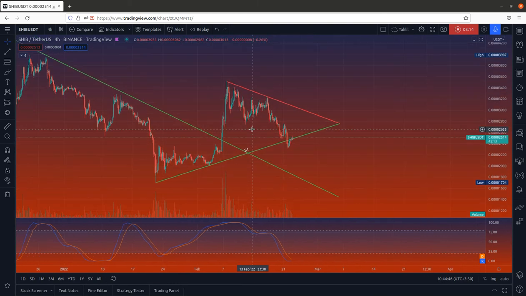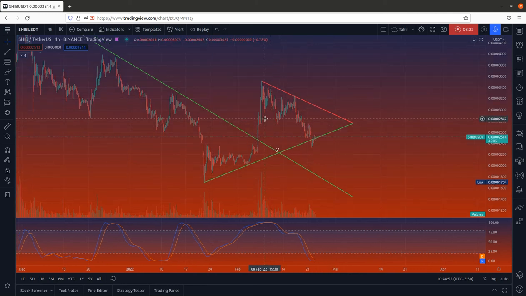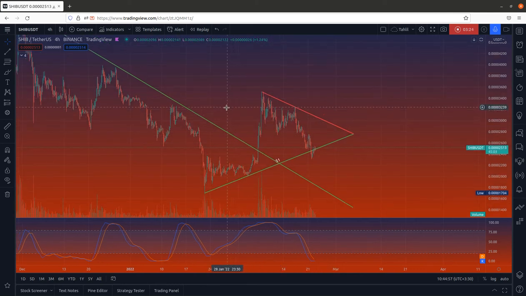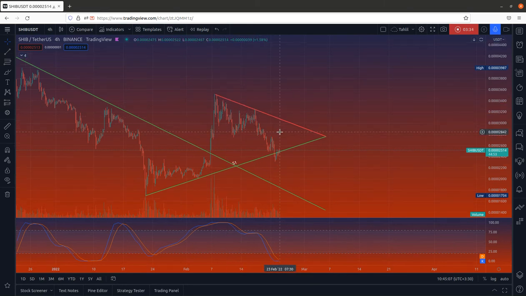The price went up, and just as this line was a new resistance, it was possible for the price to make a pullback to this line. And you see that it was rejected several times in this area, and this is a new resistance which is created by the price.